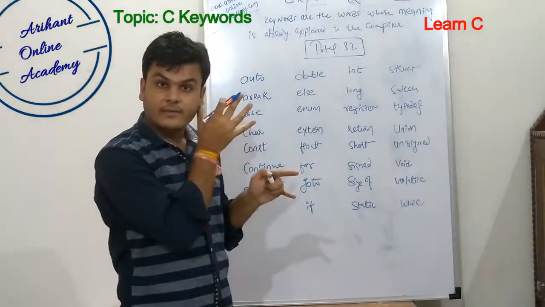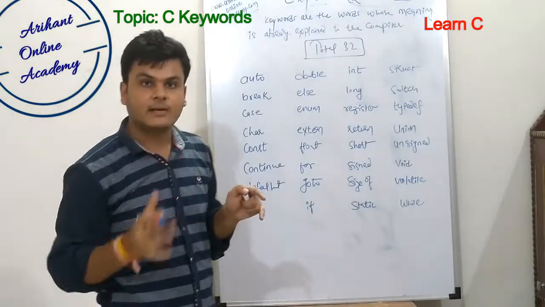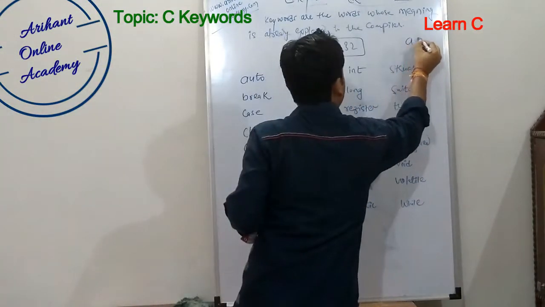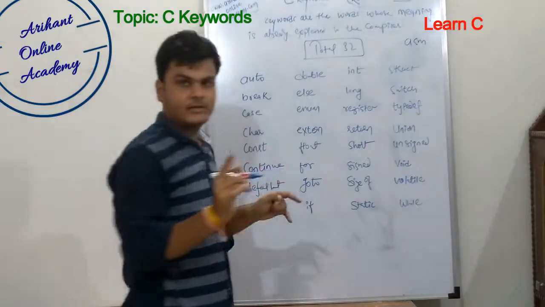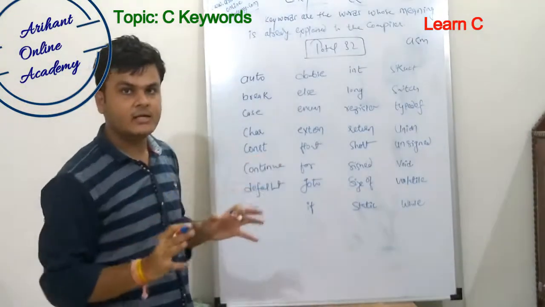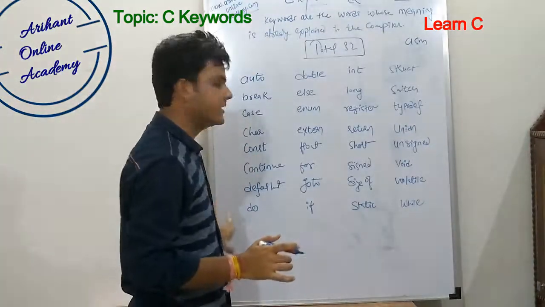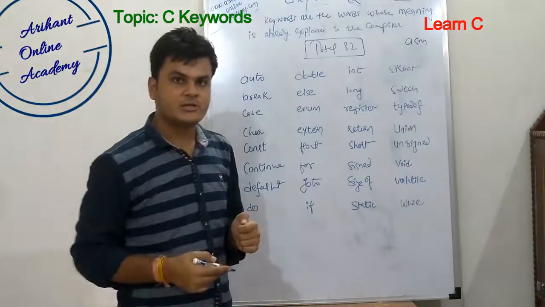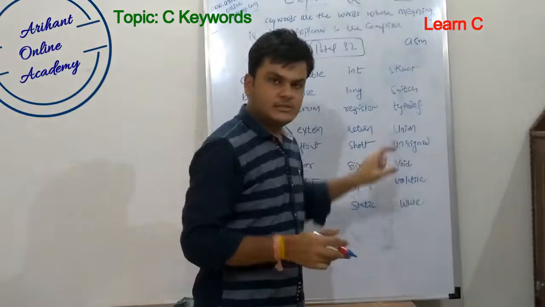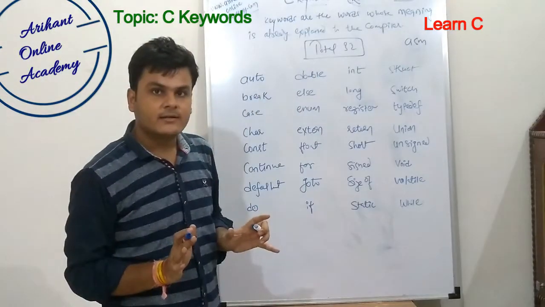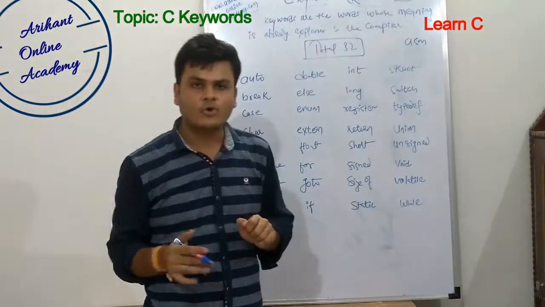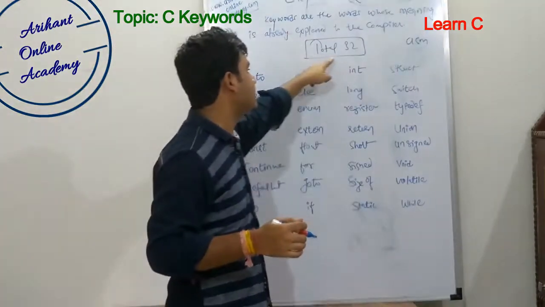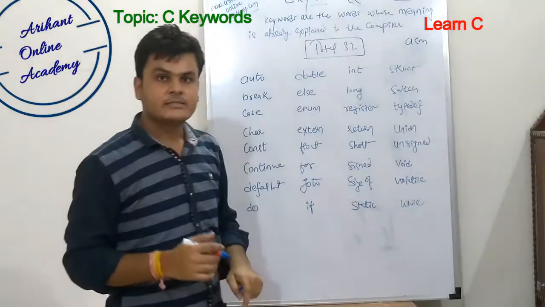But Microsoft and other compiler vendors also call ASM a keyword. According to the standard authority, only these 32 keywords, which we will discuss in our upcoming lectures, are standard. If the question comes up, or if an interviewer asks how many keywords there are, you should answer a total of 32 keywords in the C language.